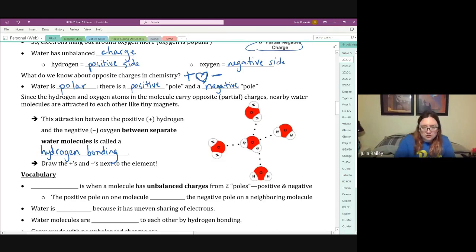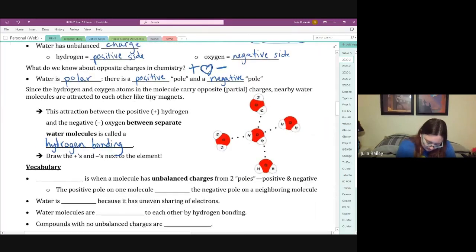It's more like hydrogen attraction, where since this water molecule's oxygen is negative and its hydrogens are positive, and then this water molecule has a negative oxygen as well, this positive hydrogen from one molecule and the negative oxygen from another molecule are attracted to each other.